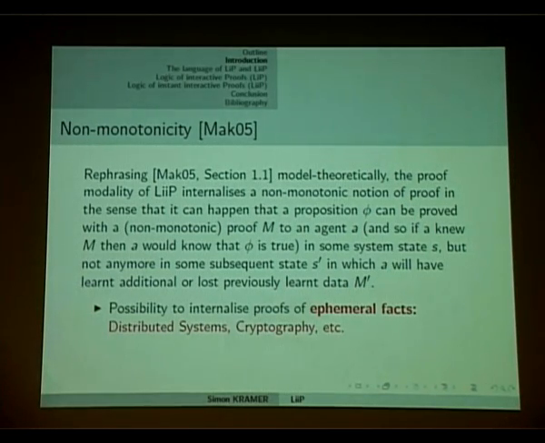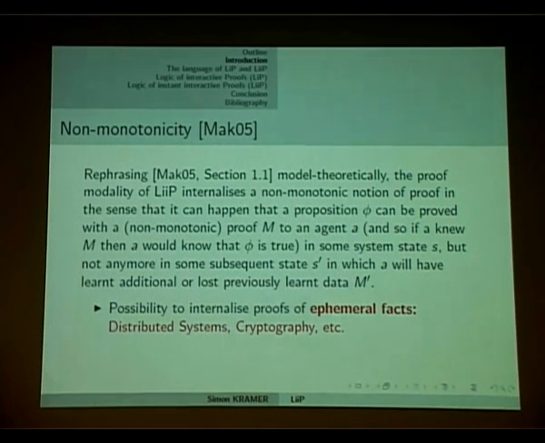So this is about the possibility to internalize proofs of ephemeral facts. And in computer science, except maybe for invariance, and invariance, of course, is a persistent fact, almost everything seems to be ephemeral. Think, for example, about cryptography.